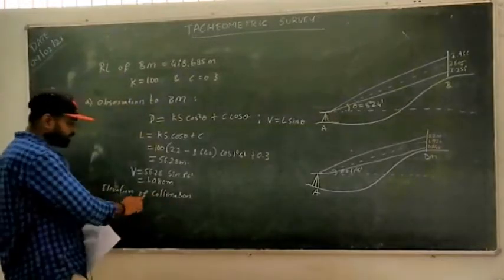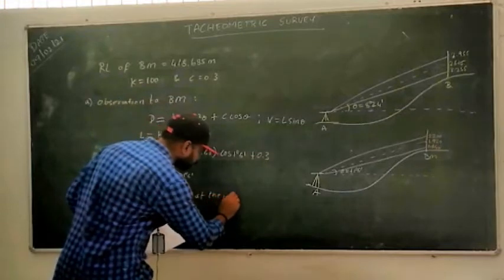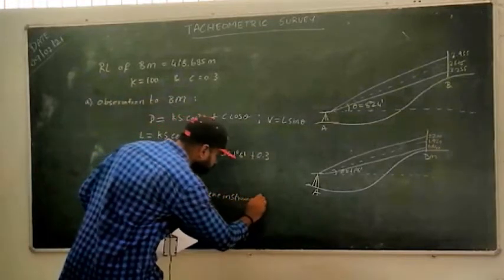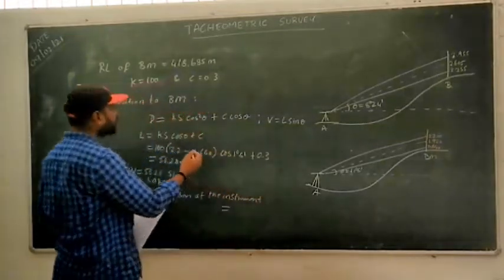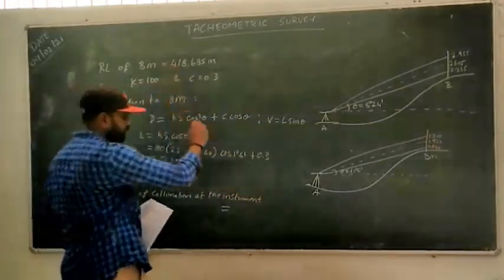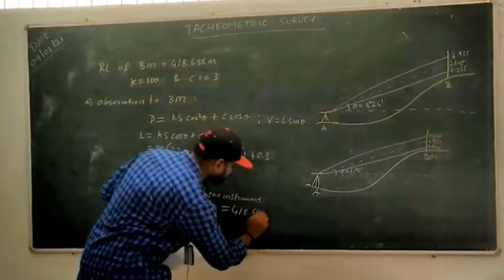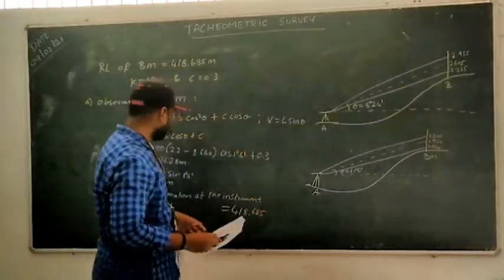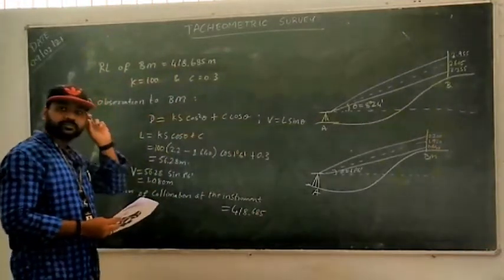So the elevation of collimation at the instrument: we have the RL of benchmark, that is 418.685, and we also calculated V. First, before that, do you know the H value?